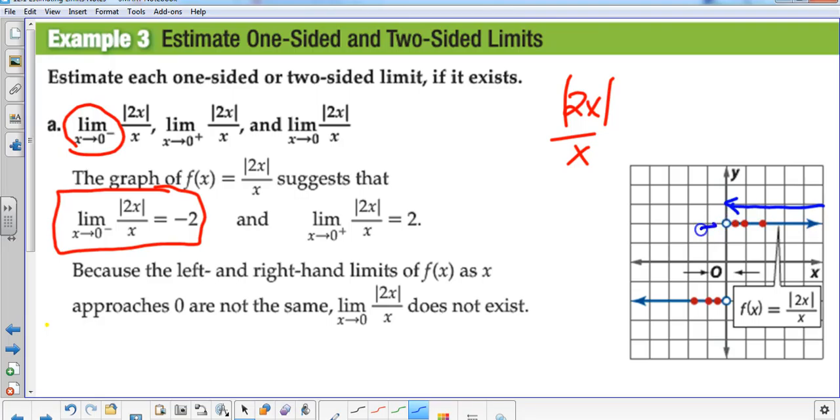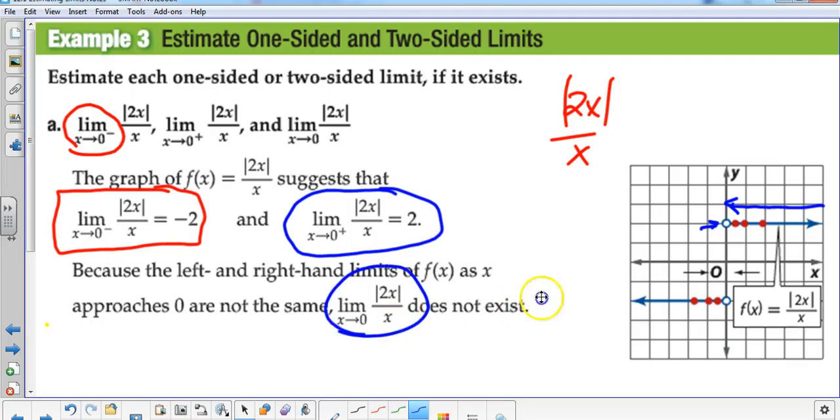What y value are you approaching right here? +2. So we say the limit as x approaches 0 from the right is 2. Notice, though, that if you asked me the actual limit at 0, it does not exist, because if it approaches one value from the left and a different value from the right, then at that point it is said not to exist. Okay?